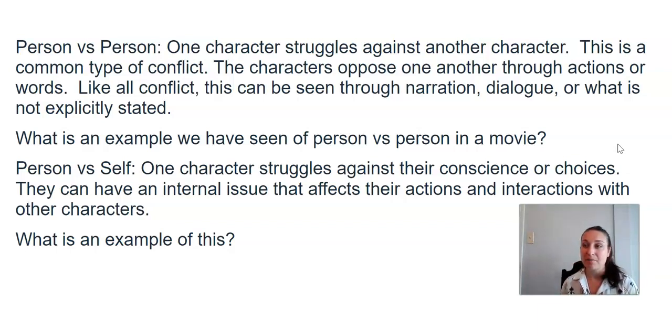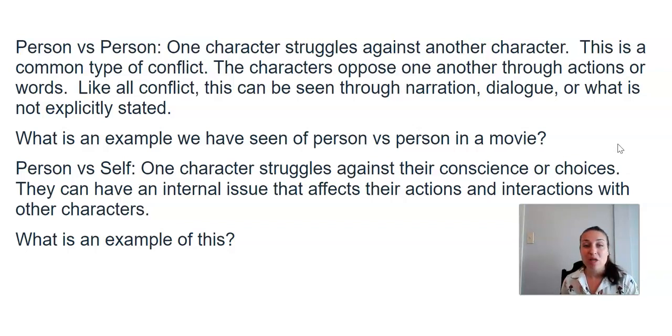So this is a really easy conflict to identify, and I think one of the most common ones we see in movies. But this is where we have a character kind of struggling against another character, right? They're opposing each other through actions or words. Like always, it can be seen through narration, dialogue, or what isn't even explicitly stated.